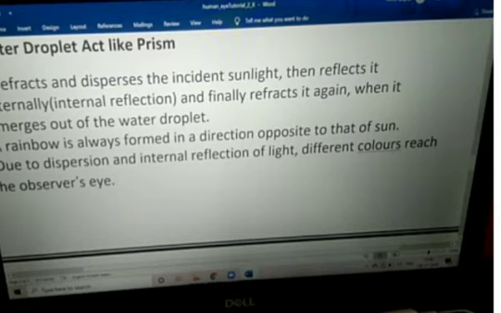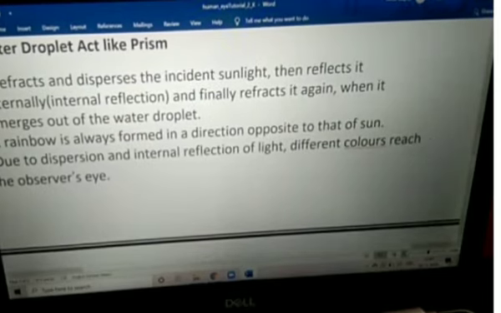Due to dispersion and internal reflection of light, different colors reach the observer. So here we understood that the rainbow is always formed in a direction opposite to that of the sun. Due to dispersion, internal reflection and refraction of light, the formation of the rainbow occurs.